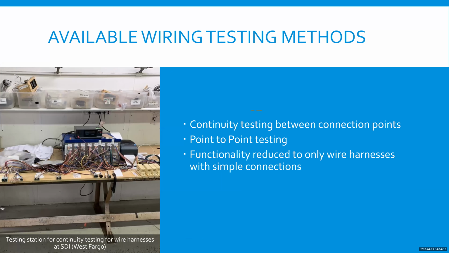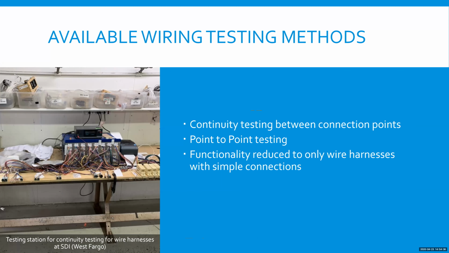All right, so one of our first things we did for our project was do some research on available wire testing methods done in the industry. One here pictured on the left is from SDI in West Fargo, who assemble wire harnesses with various different termination points.